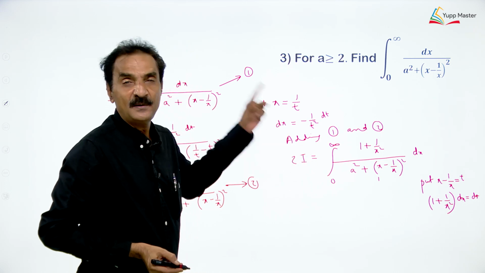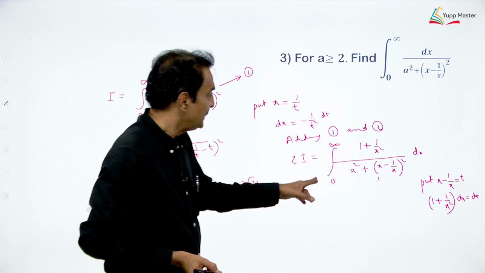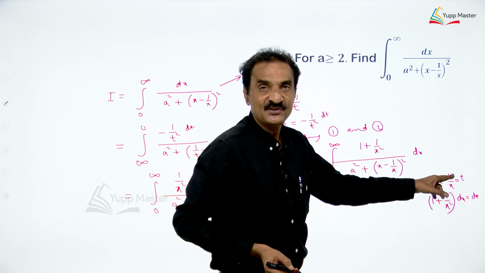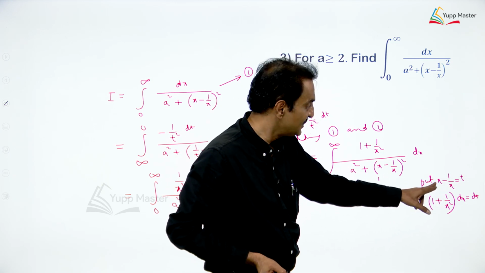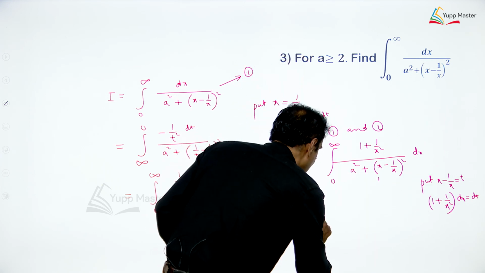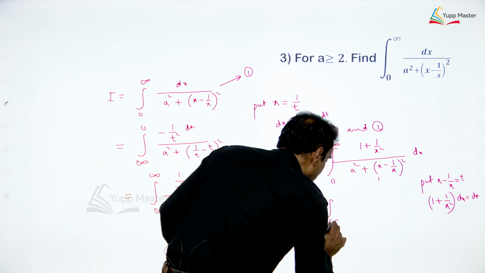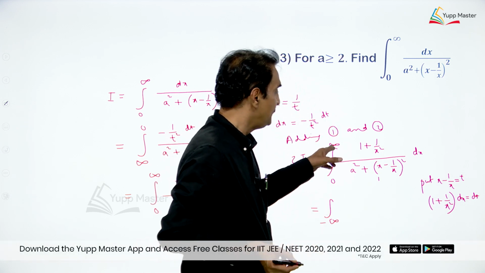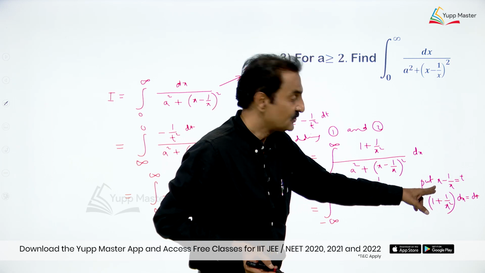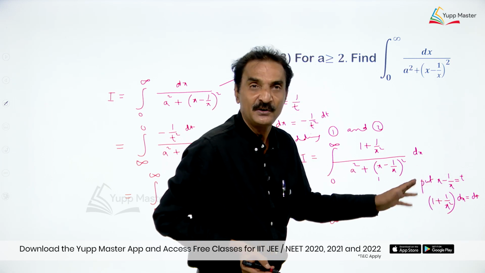Okay. And what will be the limits now? If x tends to 0, 1 by x tends to infinity. So, this will be 0 minus infinity, minus infinity. So, lower limit will be minus infinity. If x tends to infinity, 1 by x tends to 0. So, it will be infinity minus 0, infinity.